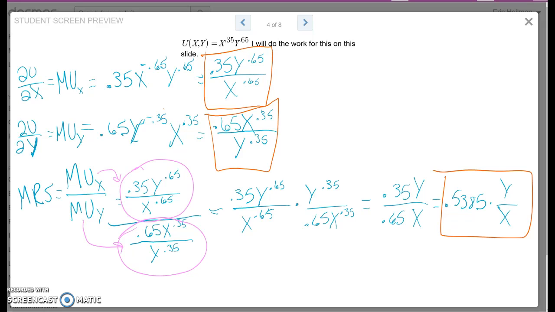So marginal utility of x is right here, times the reciprocal of the marginal utility of y: 0.35 times y to the 0.65 times y to the 0.35. You have the same base here, so you just add the exponents. 0.65 plus 0.35 is just 1, so you get in the numerator 0.35y. Same deal in the denominator, you get 0.65x. And then I just divided 0.35 by 0.65. That gave me 0.5385 times y over x. So that's the marginal rate of substitution.